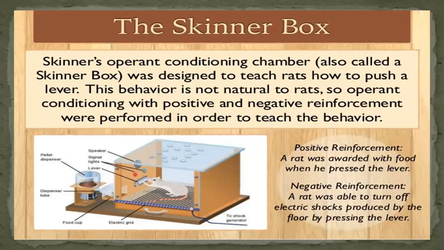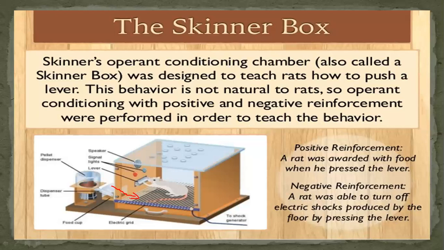Once inside the box, the rat would explore it, running here and there, but occasionally it would accidentally press this lever. When it accidentally pressed the lever, a pellet of food would appear from this side in front of it.